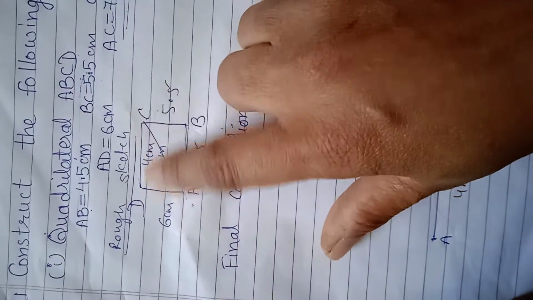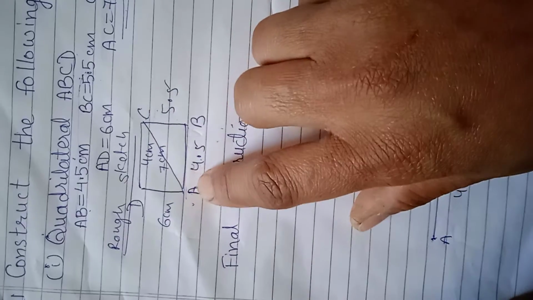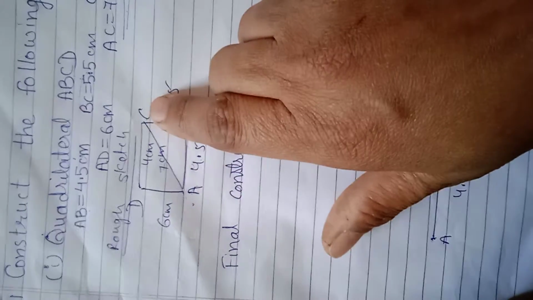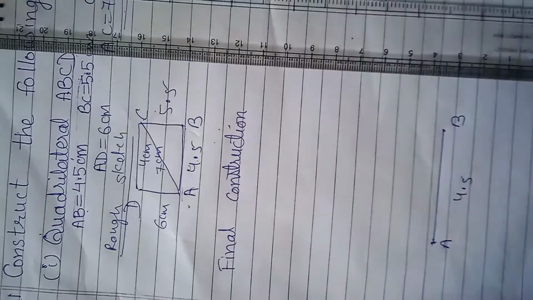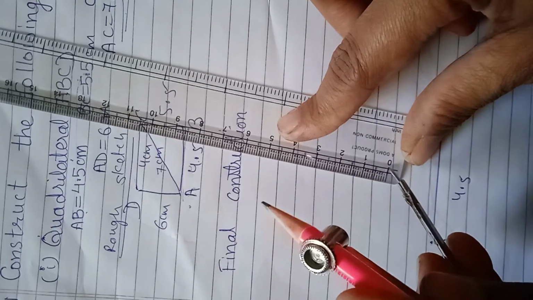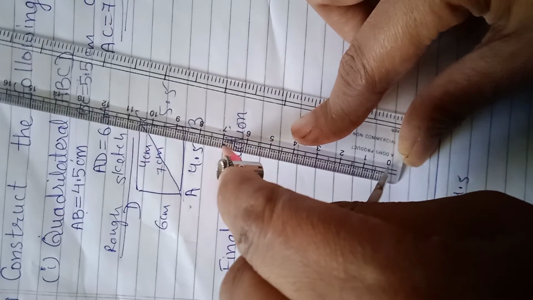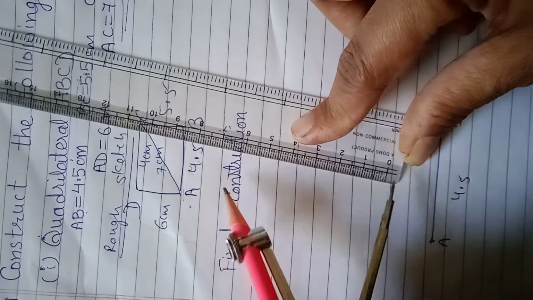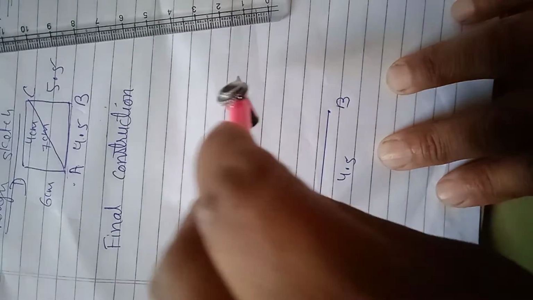Okay, now we need to locate this C and D. So firstly we will find position of C. For C, take A as center and draw an arc of 7 centimeter. Okay, here it is. Starting from 0 and going up to 7. Okay, so open your compass, 7 centimeter. Here it is. Now taking A as center, draw an arc.